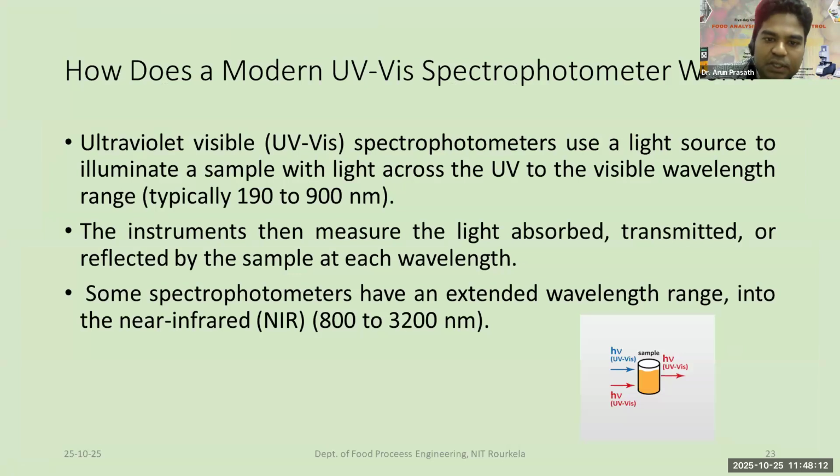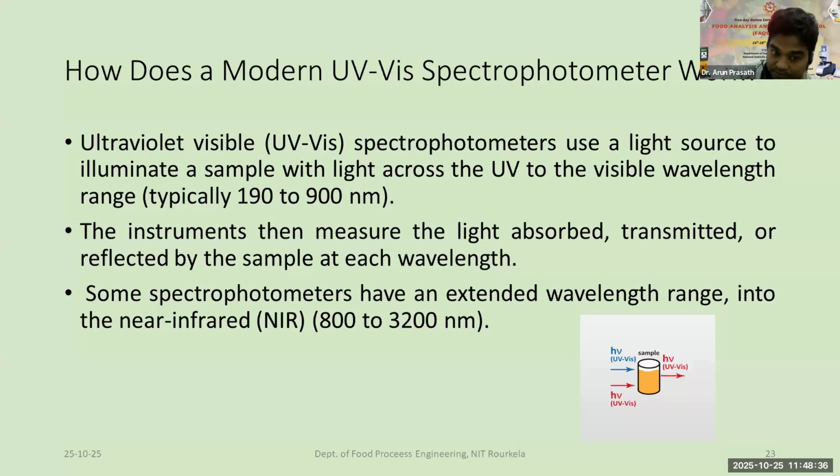So how does a modern UV spectrophotometer work? The ultraviolet-visible spectrophotometer uses a light source to illuminate a sample with light across the UV and visible wavelengths, typically in the range of 190 to 900 nanometers.